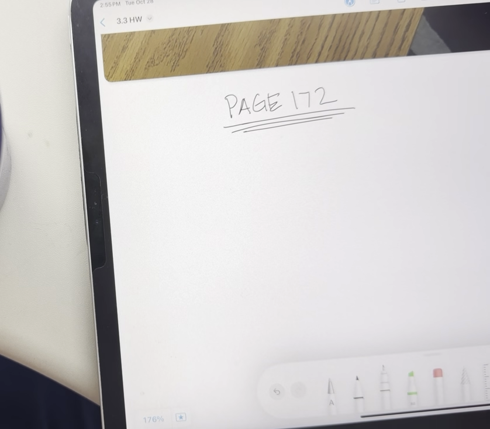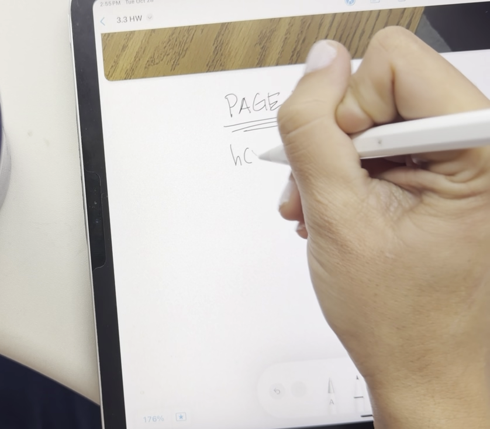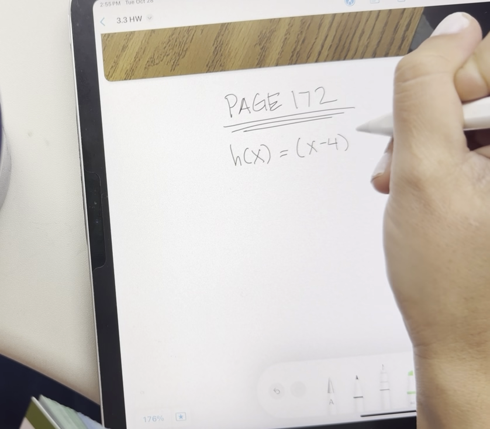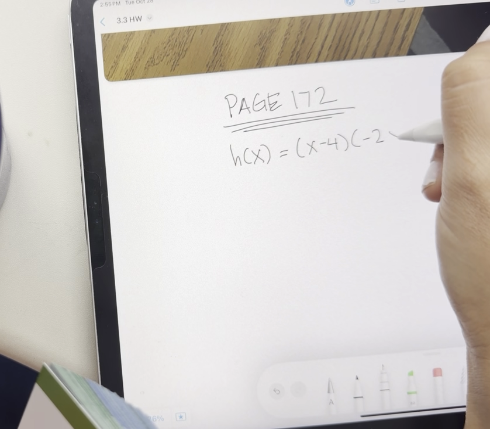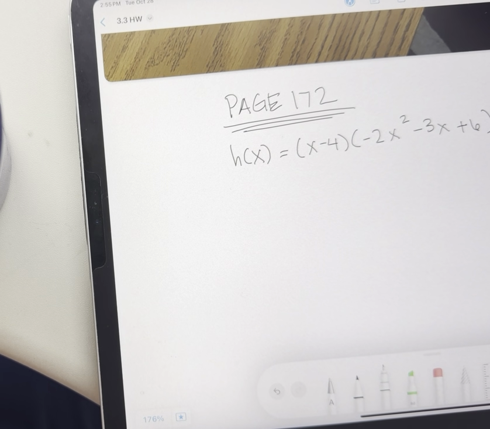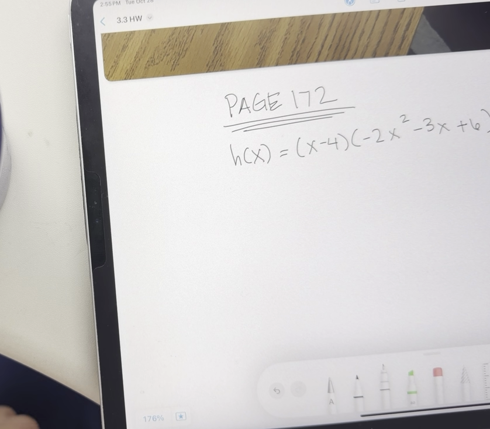It gives me h of x equals x minus 4 times negative 2x squared minus 3x plus 6. And it just wants to know what kind of function it is.